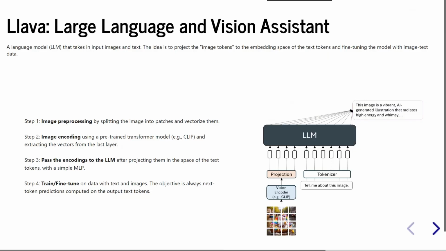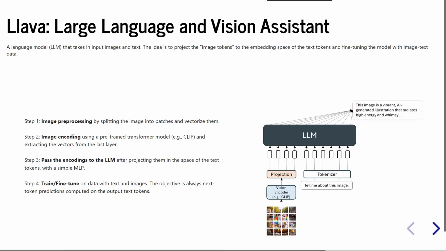Then we can project these embeddings with a linear layer, for instance, into the same space as the text embeddings, the text tokens. And for the text, we always do the same. We have the input sentence, we tokenize it, and so we obtain some text tokens.